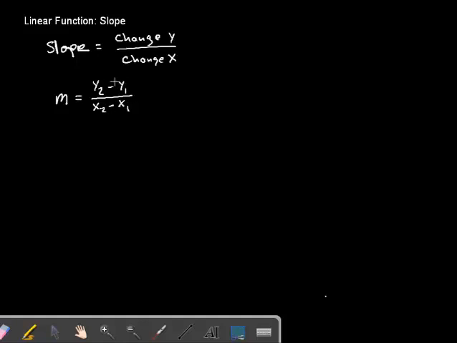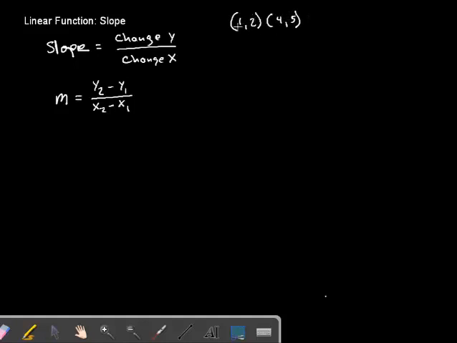Again, we're going to subtract the y values of the points and divide it by the x values of the same points. So an example, if we were given 2 points, such as (1, 2) and (4, 5), if we wanted to find our slope, we could use these 2 points.